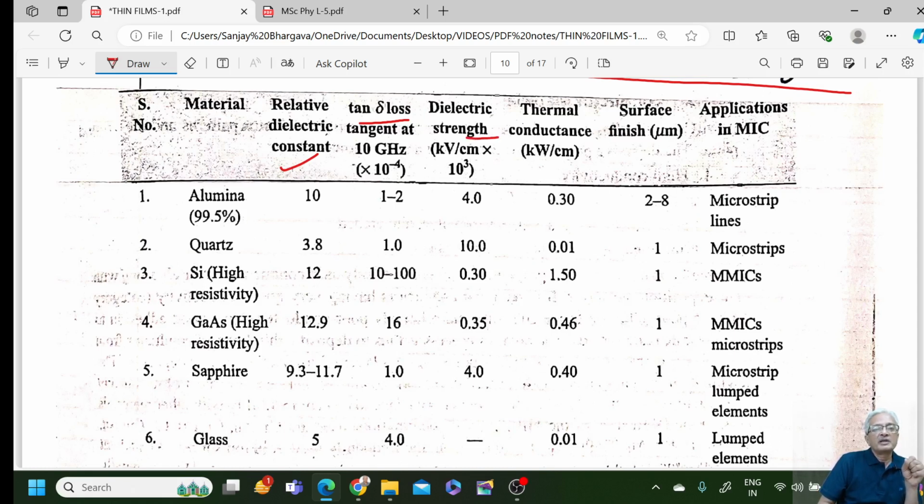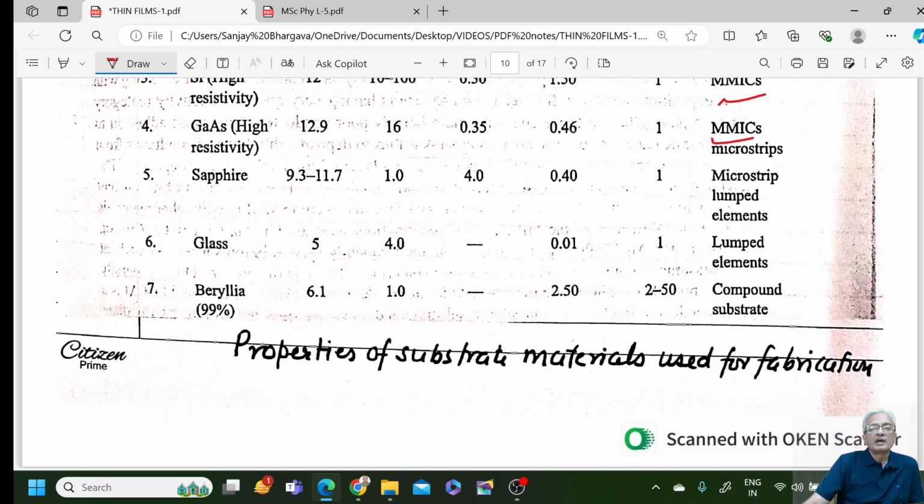Dielectric strength is measured in kilovolt per centimeter times 10 raised to power 3. Then thermal conductance, surface finish and applications in MMIC. Alumina is for making microstrip line, quartz for making microstrips, silicon for MMICs, then gallium arsenide for MMICs microstrip, then we have sapphire which is used to make microstrip lumped elements, glass for the lumped elements and beryllia for compound substrate.